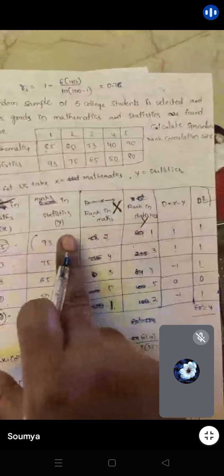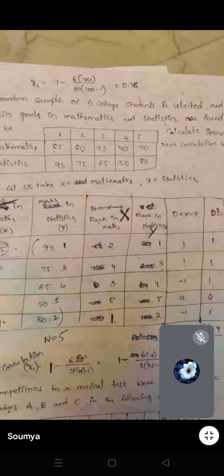Here you have to remember, if they give marks, you have to give them ranks. If they give ranks, you find directly d equals x minus y, and d square. But here they didn't give ranks. That's why I'm giving ranks for those marks in maths and in stats. Did you understand this?